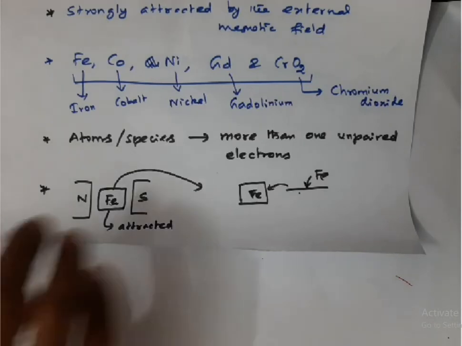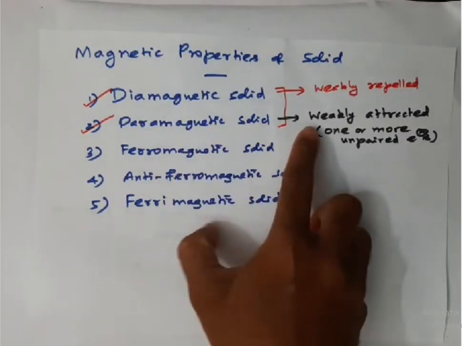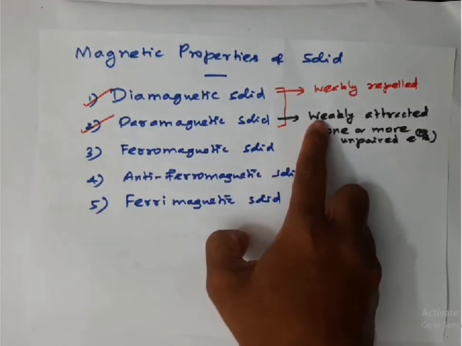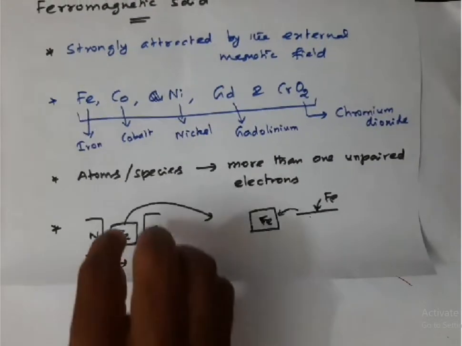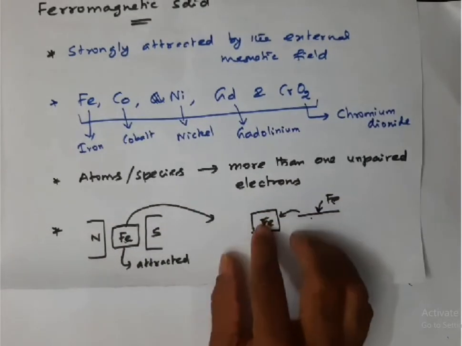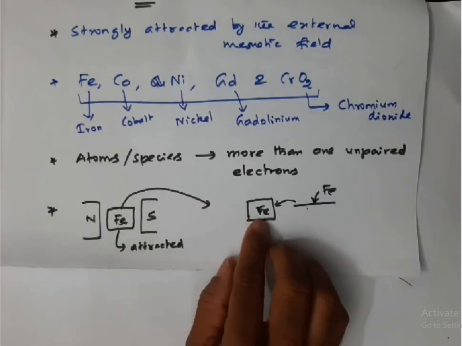That is the very good nature of ferromagnetic materials. In the case of paramagnetic, I have told you paramagnetic solids are weakly attracted. But if you remove the paramagnetic solid from the magnetic field, the solid will lose the magnetic character immediately. Whereas in the case of ferromagnetic solid, even after removal from the magnetic field, the magnetic character will remain for some time.